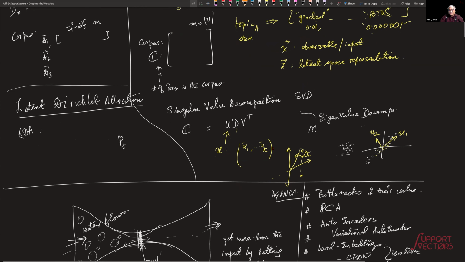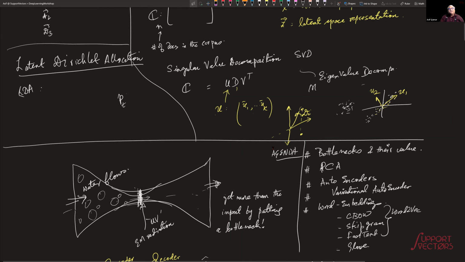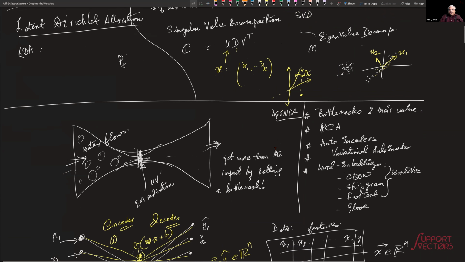The same idea carries forward to this bottleneck algorithm. The only difference is singular value decomposition is inherently a linear method, whereas we are generalizing this now to more complicated situations. It need not be like that. It may be more complicated than that. And sometimes linear is good enough.